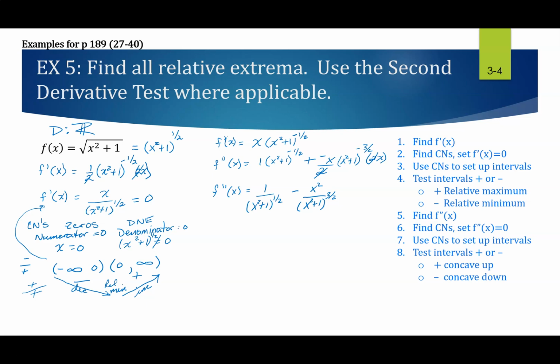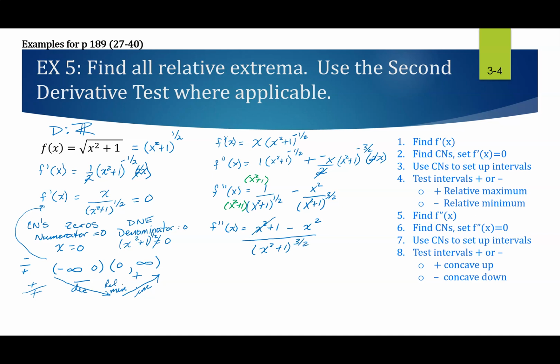So x squared plus 1 in the numerator, x squared plus 1 in the denominator, and so on the top of the left term, I have x squared plus 1, and then I'm going to have a common denominator, so I can go ahead and say minus x squared, and then it's x squared plus 1 to the 3/2.